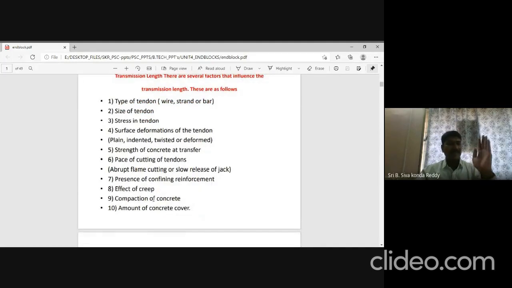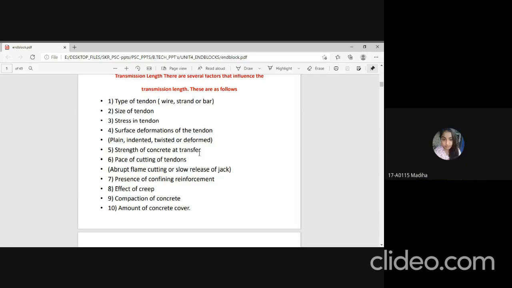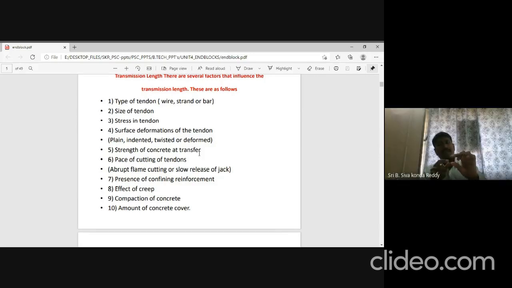All these are self-explanatory: type of tendon, shape or size of tendon, stress in tendon, surface deformations of the tendon like plain, indented, twisted or deformed, and strength of the concrete at transfer. If you go for higher grades of concrete, you're definitely going to have more bond stress. The quality of your concrete will be very high, and it offers a lot of bond resistance to your cable.